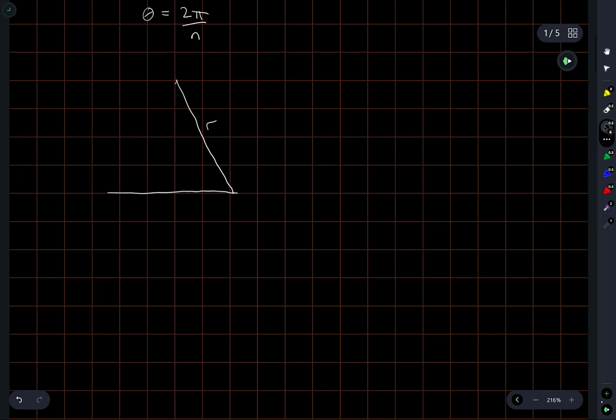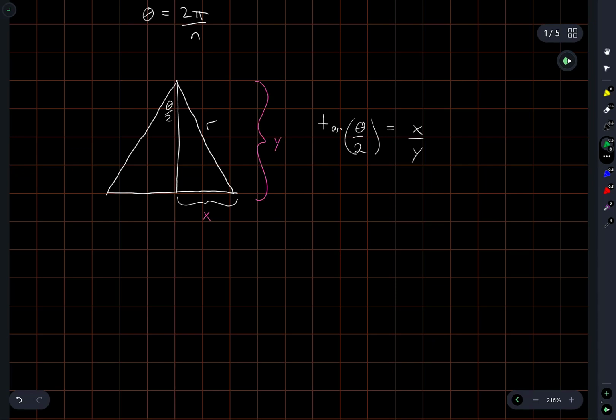If I drop a perpendicular down, then we've got theta over 2 on both sides. And what we really want are the height and this half base length. So what can we write here? So tan of theta over 2 is x over y.